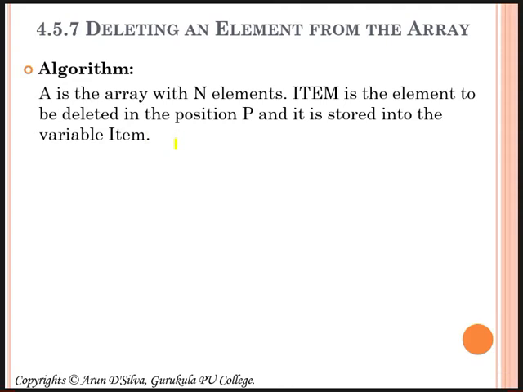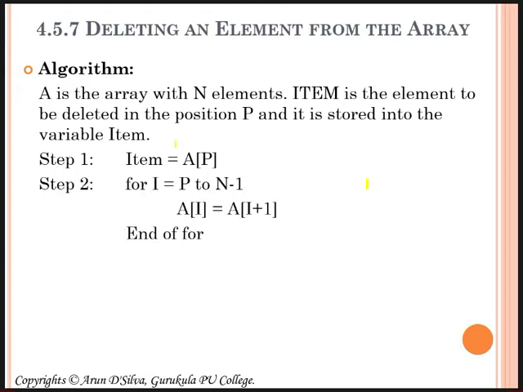Now step 1, what do you have to do? Step 1: item equals A of P. Whichever element you want to delete, that value is placed into item from A of P. Now what do you have to do? For I equal to P to n minus 1, that is from that position to n minus 1, A of I equals A of I plus 1.